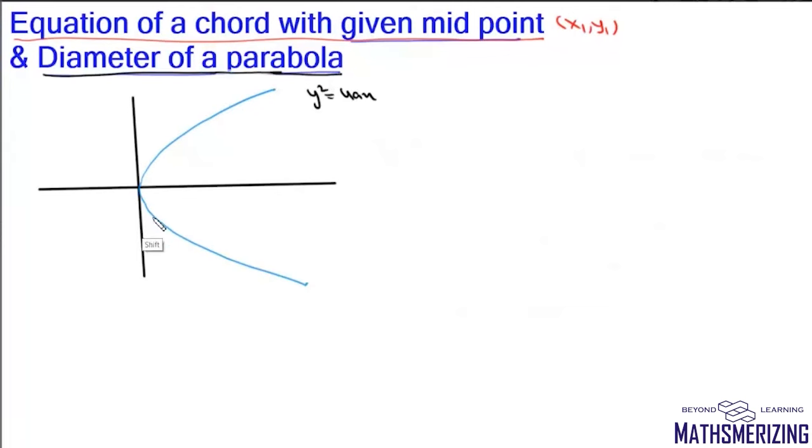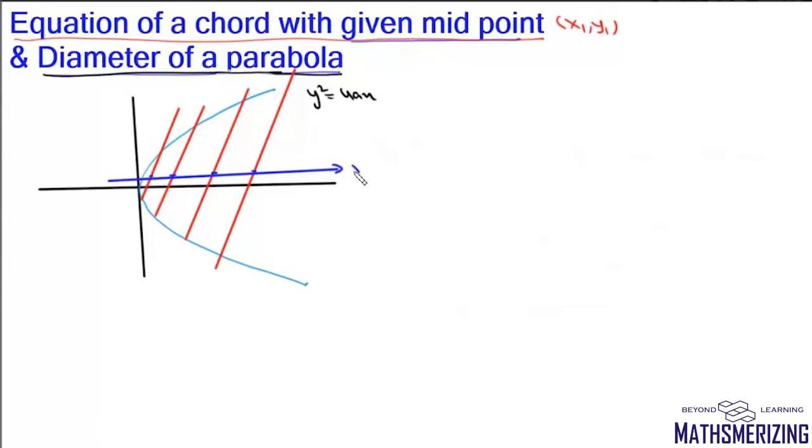Now if we take a system of parallel chords, and for each chord we find the midpoint, then the locus of the midpoint of these parallel chords is called the diameter of a parabola. So basically, the diameter of a parabola is the locus of the midpoint of a system of parallel chords.